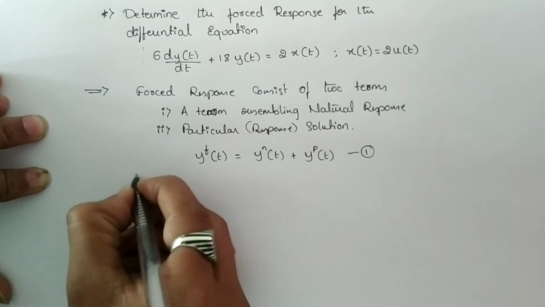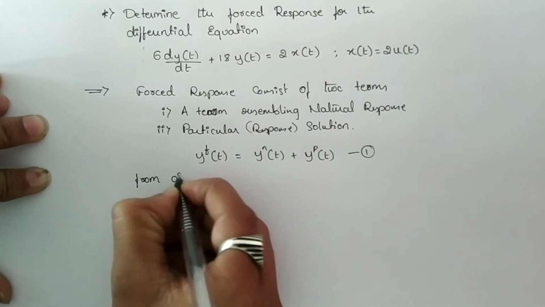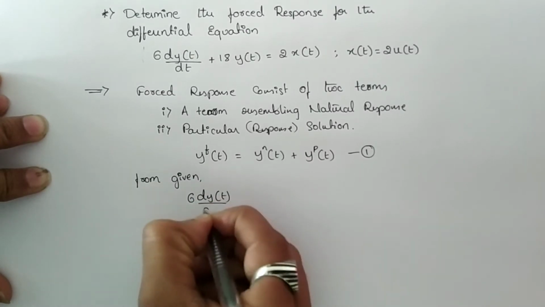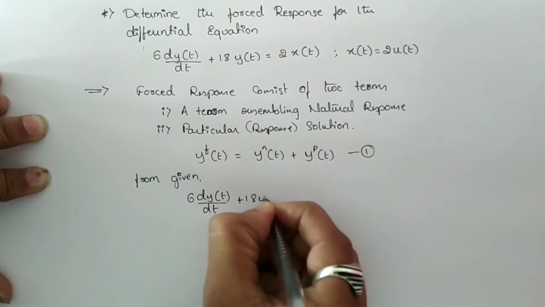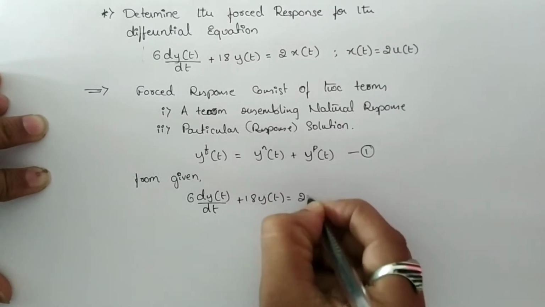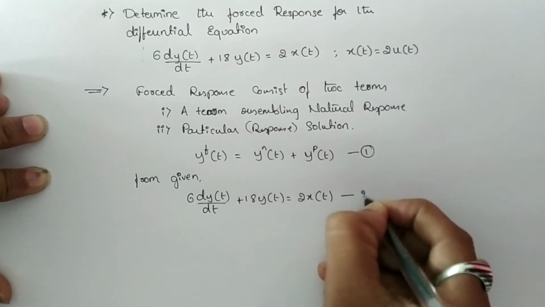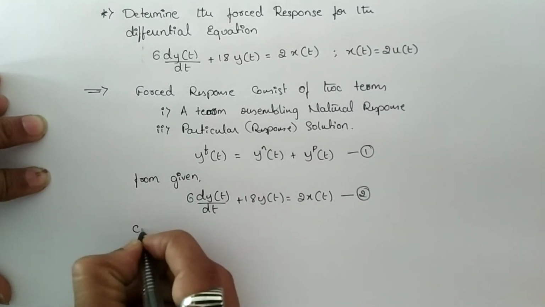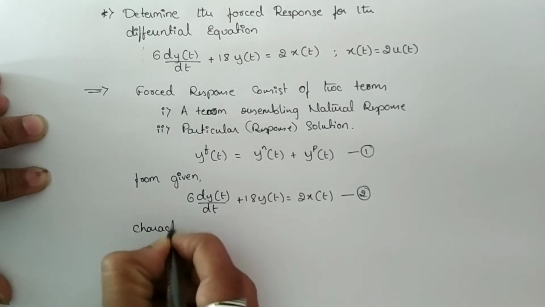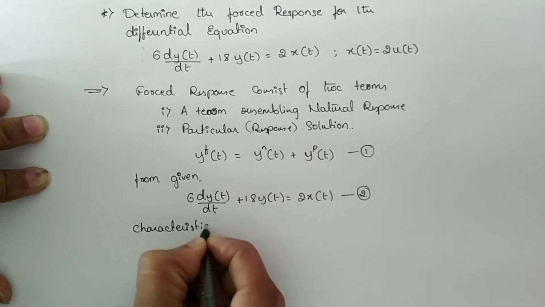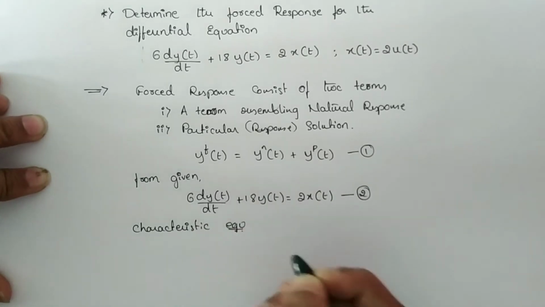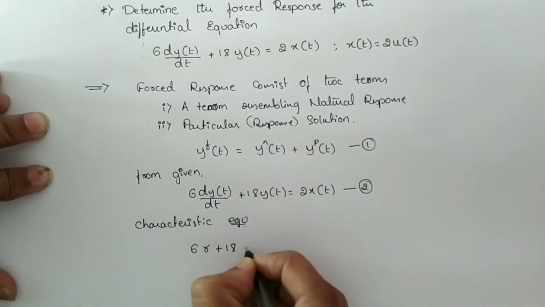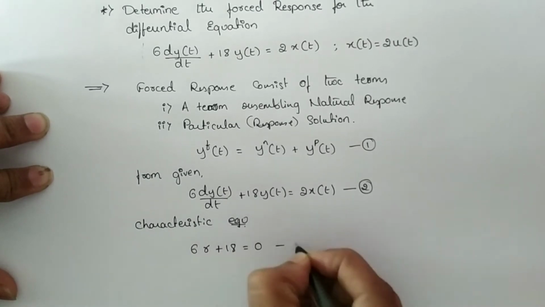And from the given 6 dy(t)/dt + 18y(t) = 2x(t), mark it as equation number 2. From equation number 2, we can write the characteristic equation as 6r + 18 = 0, marking it as equation number 3.